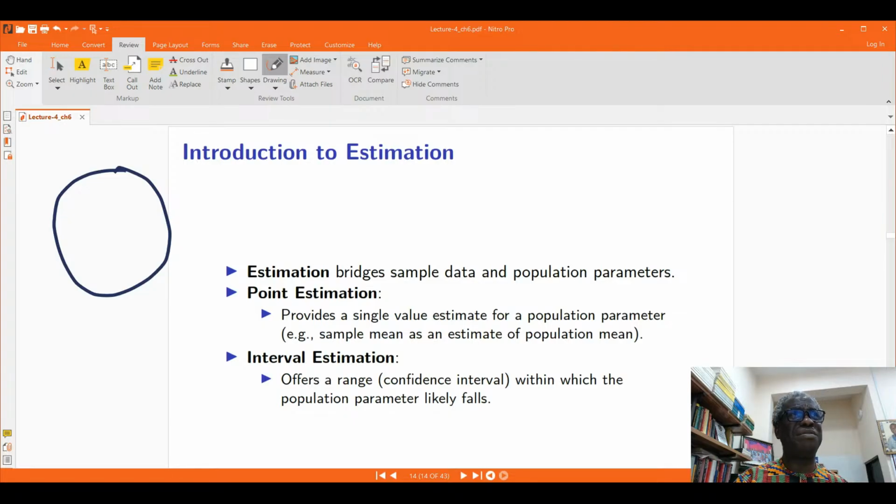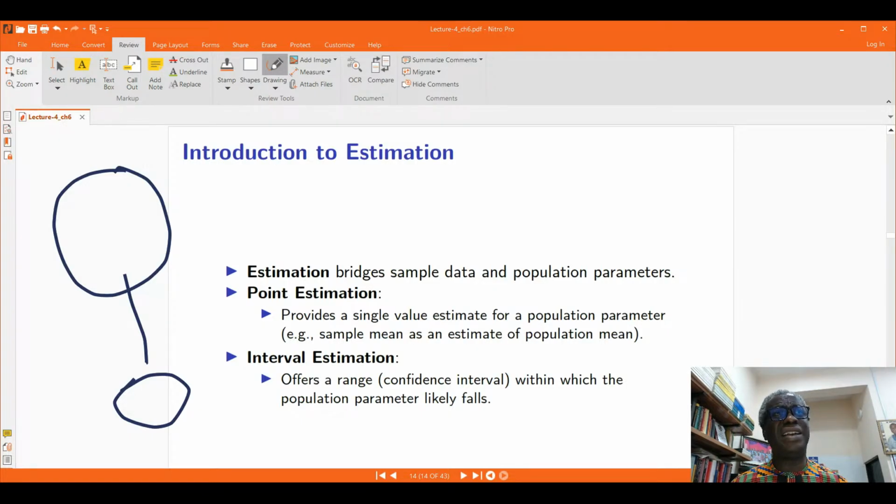Or for whatever reason, the population may be one that is fragile and can easily be destroyed, so you may not have an option than to take samples. So you draw a sample, and then from the sample you estimate the unknown quantity in the population. We've talked about that.